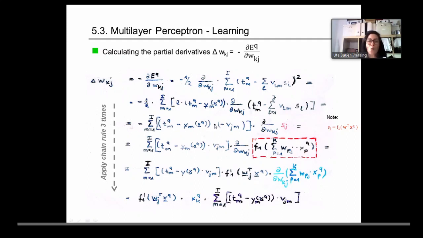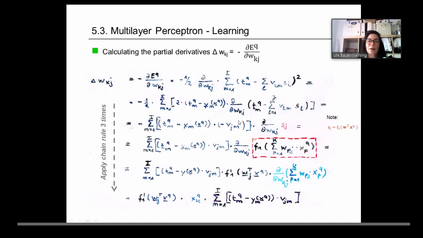And what we have to consider is, because Wj is part of calculating the output of the neuron here, SL.